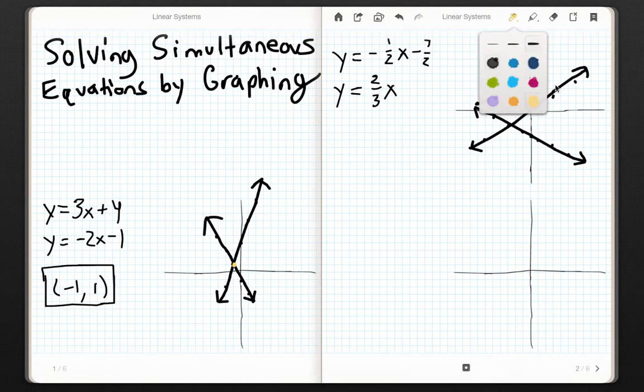And there we go. The point where these two graphs cross is going to be right here at negative 3, negative 2.